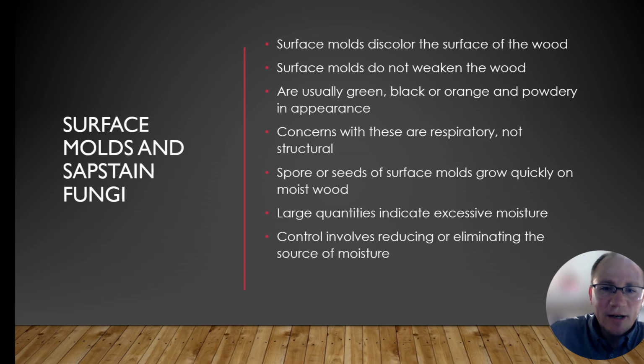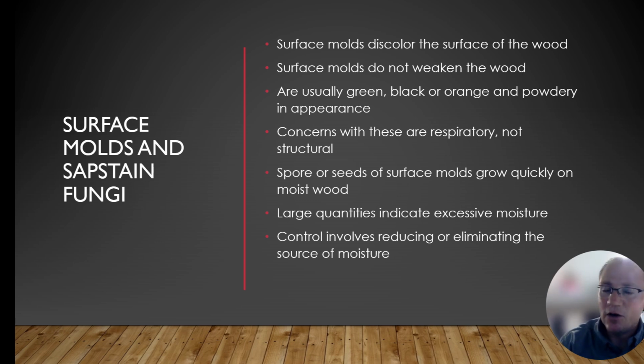But I want everybody to know that these are more of a respiratory issue. At the same point in time, most people, if you showed them photos of these, wouldn't be happy that's going on in the crawl space of their home. So you need to just keep in mind as you're thinking about treatment plans, how you can solve these. A lot of the control basically involves reducing or eliminating the source of moisture, but there's also other things you can do.